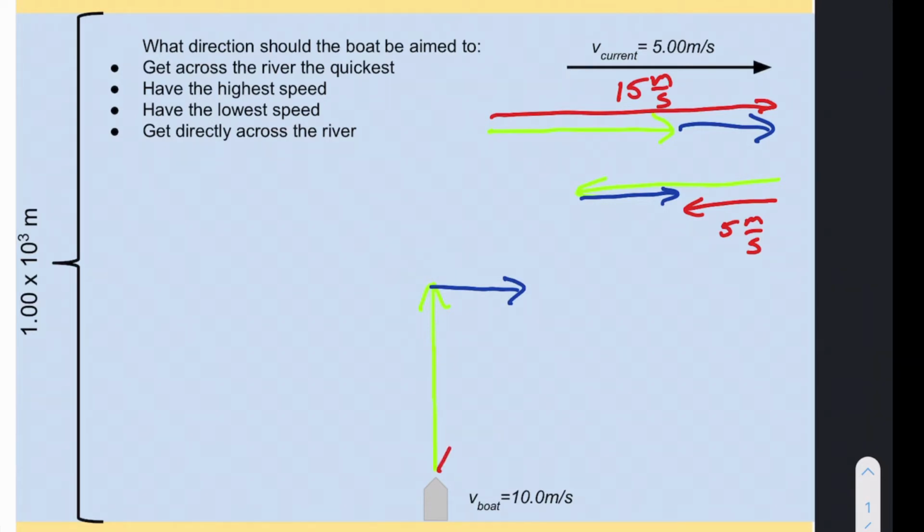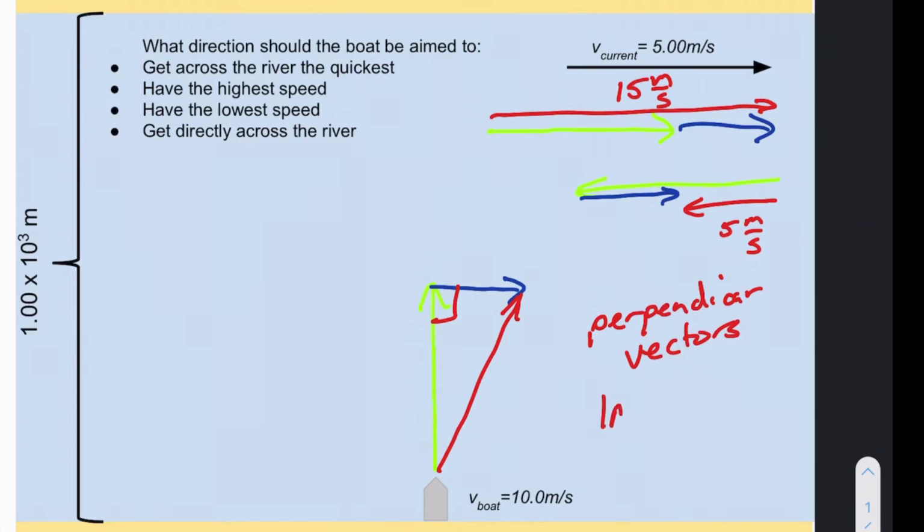Now, the boat's not going to travel directly across the river, and it's not going to be going at 10 meters per second or at 5 meters per second. It's a combination of the two vectors, but the key here is that they're perpendicular. And perpendicular vectors are independent, which means they don't affect each other.